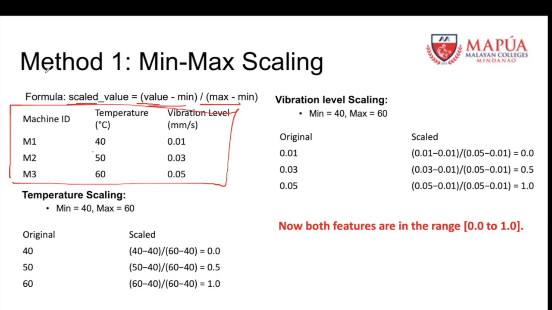This 40 degrees can be transformed into 0.0. This 50 degrees can be transformed into 0.5. And this 60 degrees can be transformed into 1. So meaning to say that the features are now in the range of 0 to 1, including the vibration. So both of them are now equally important as per the machine learning model.